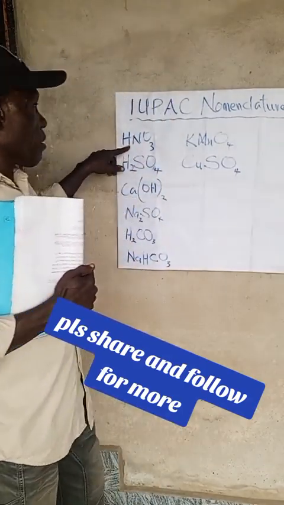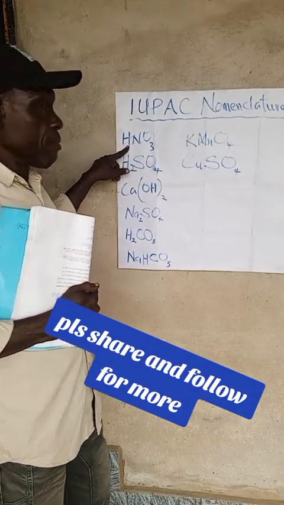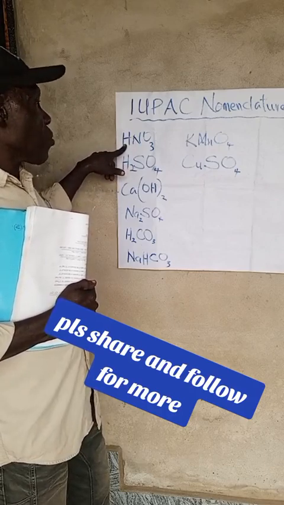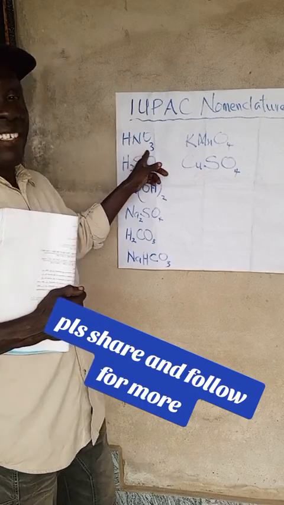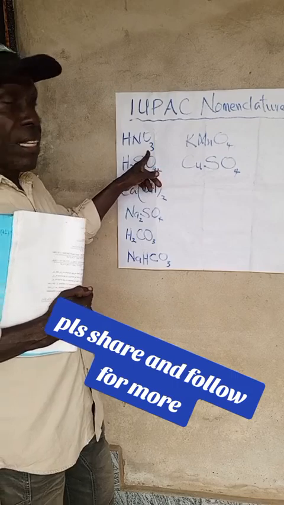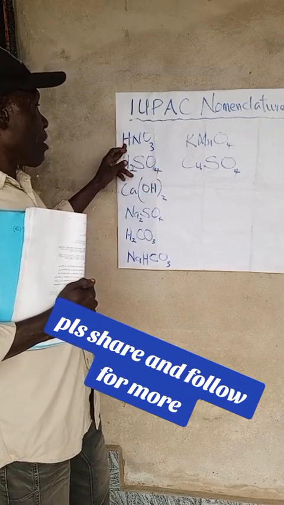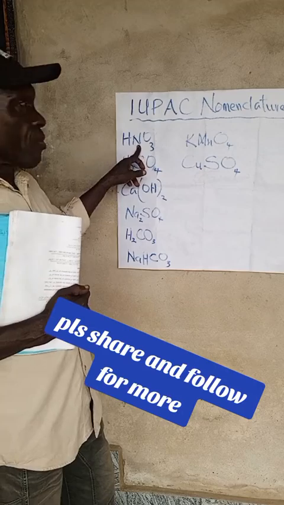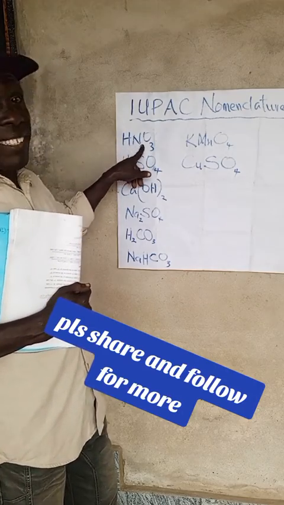Now this first one, which is called nitric acid in the old name, is now called trioxonitrate 5 acid. NO3 is a nitrate ion. So when there's no hydrogen atom attached to it, this cannot be called an acid anymore. It is the presence of the hydrogen that makes it an acid.